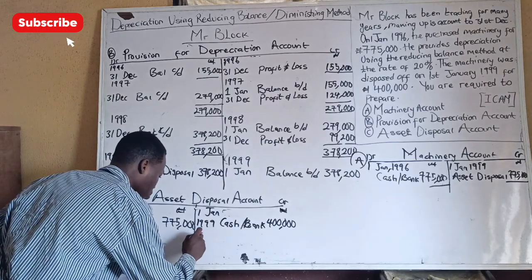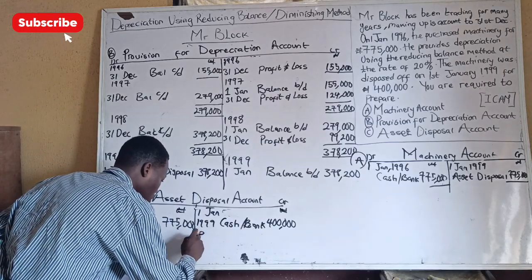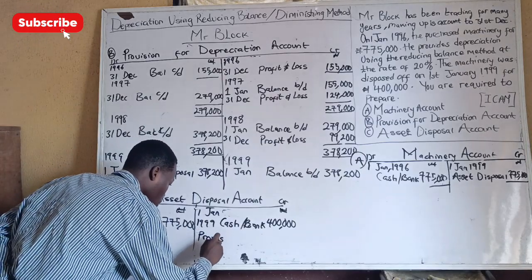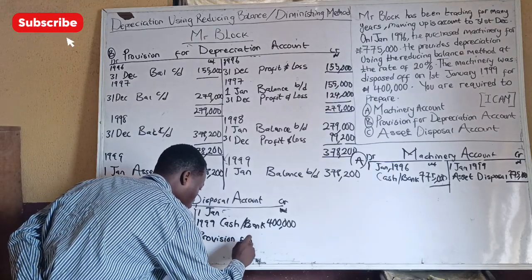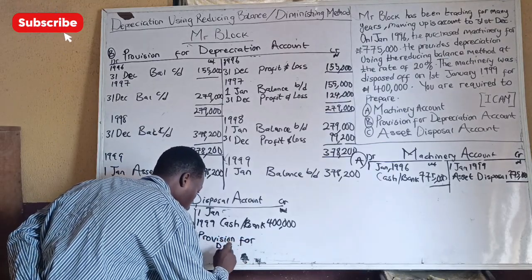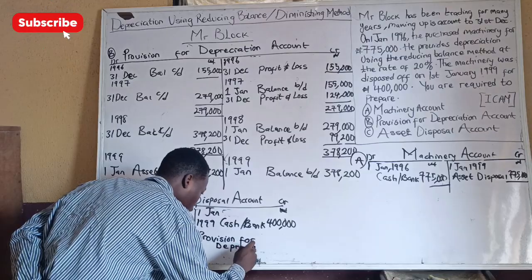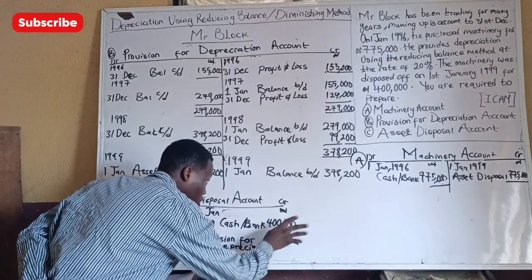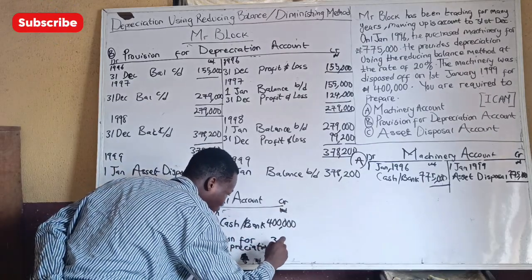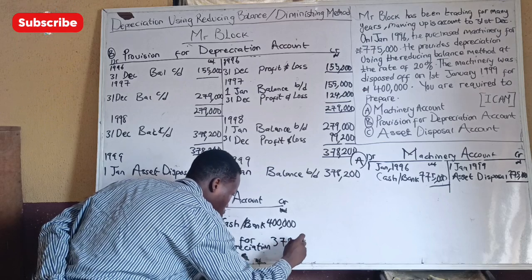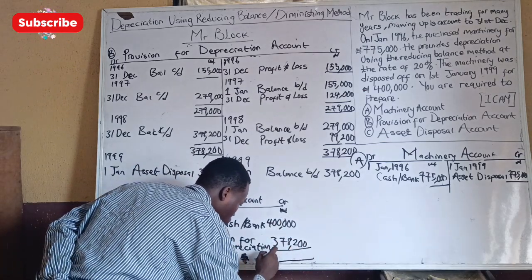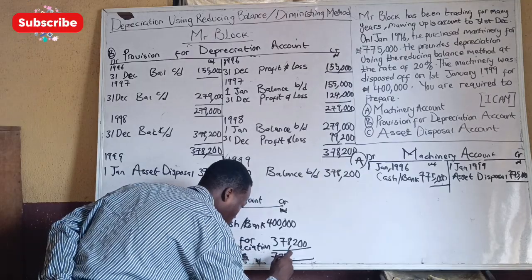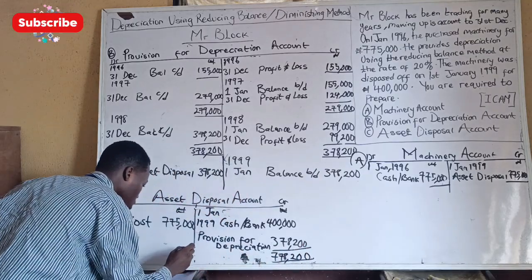Then the accumulated depreciation. So the accumulated depreciation, we are going to derive that from the provision for depreciation. So we'll just write provision for depreciation. The balance is what? 378,200. Now we are going to add this up. The total will give us 778,200.